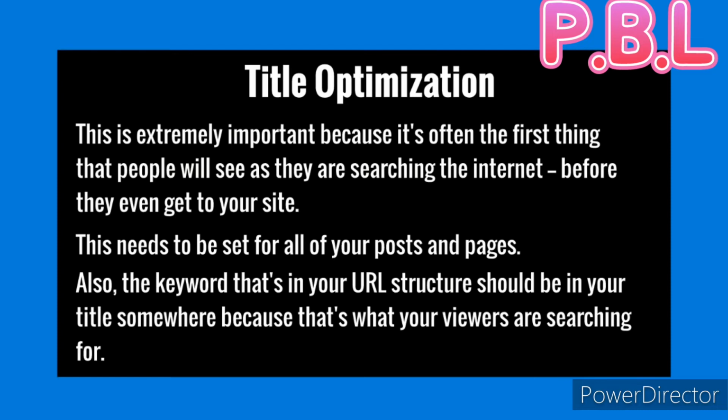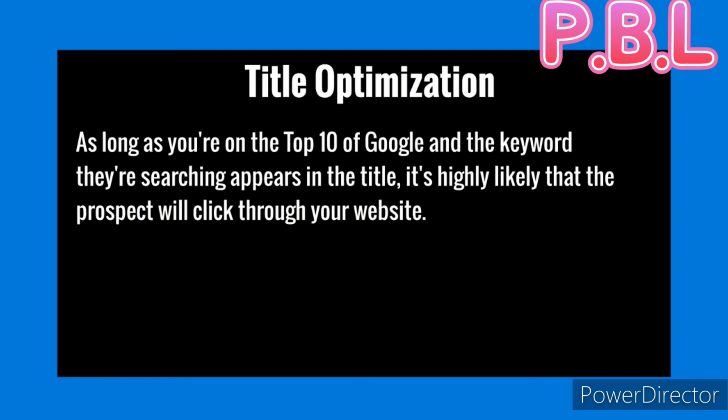They don't really care about you. They care more about the customer, the person who is searching, right? So as long as you're in the top 10 of the Google search engine for that keyword, and that keyword is appearing in the title, it's highly likely that the prospect will click through to your website.